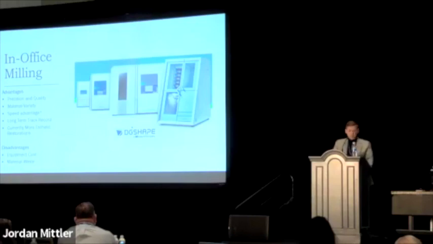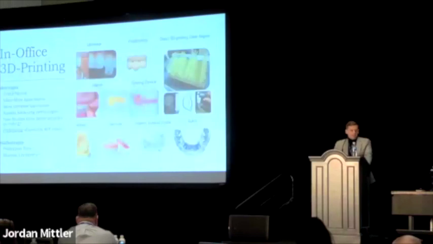Especially if you're talking more than a single unit, I can process a full arch from start to finish in 35, 40 minutes, and it's ready to go in. I think that's going to be much faster than most milling machines. But for single units, they're getting to be around the same time. Milling has the long track record, and it's still a great option.